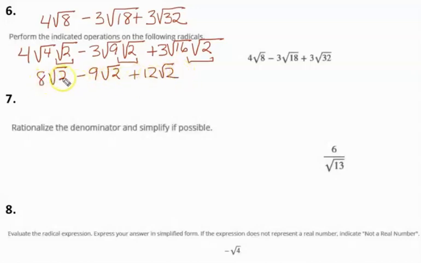We just use their coefficients. 8 and 12 is 20. Minus 9 is 11, the square root of 2 for this answer. And again, you're going to be doing practice and certify, and this is from the practice.